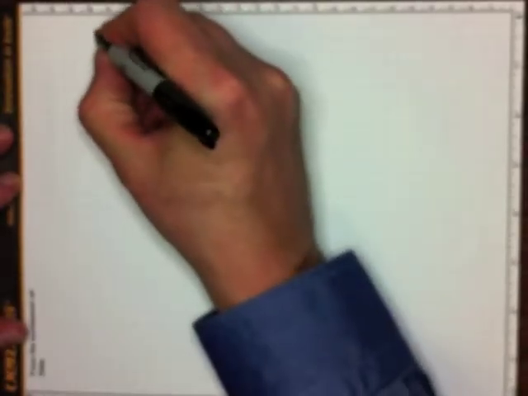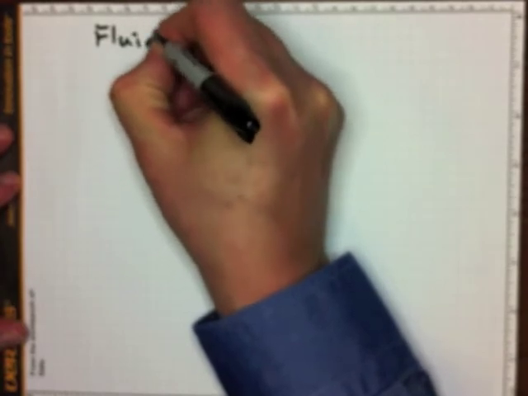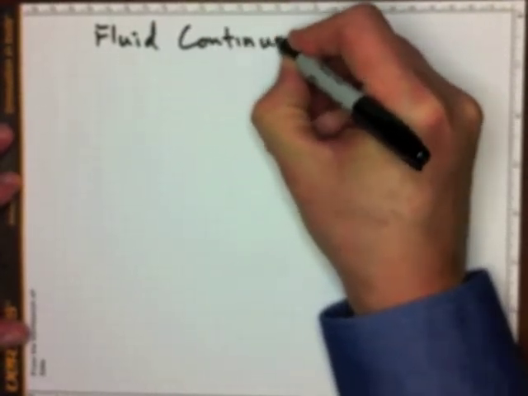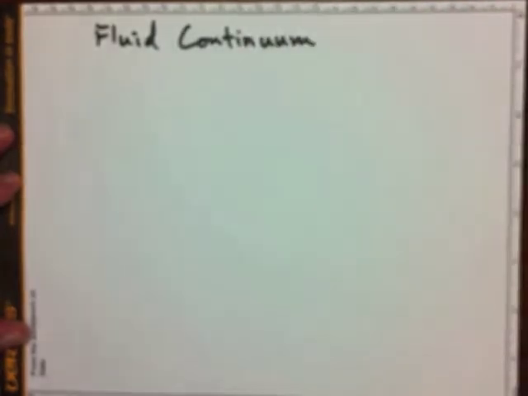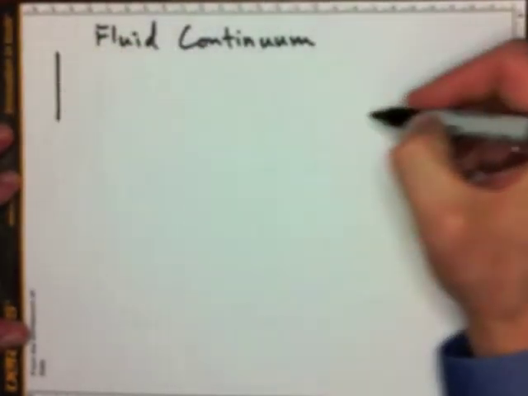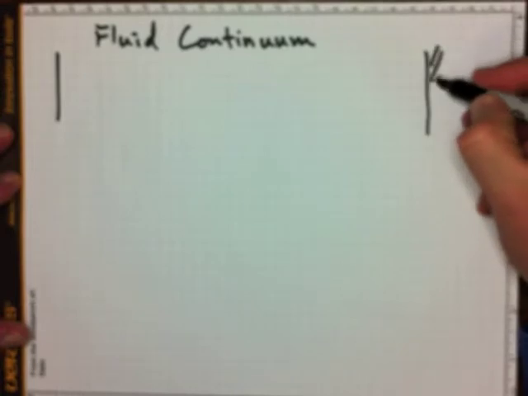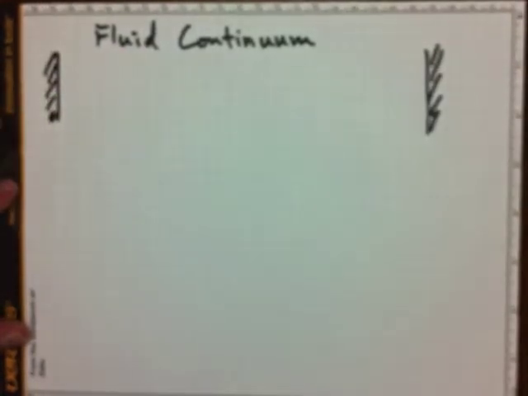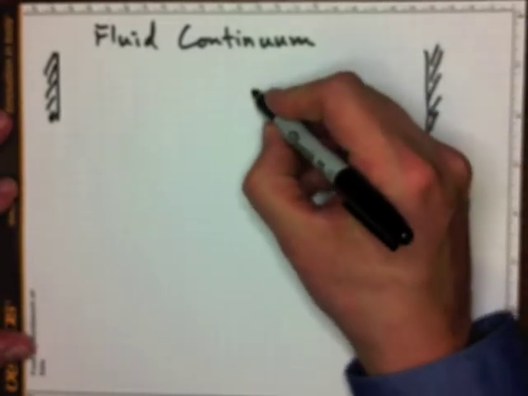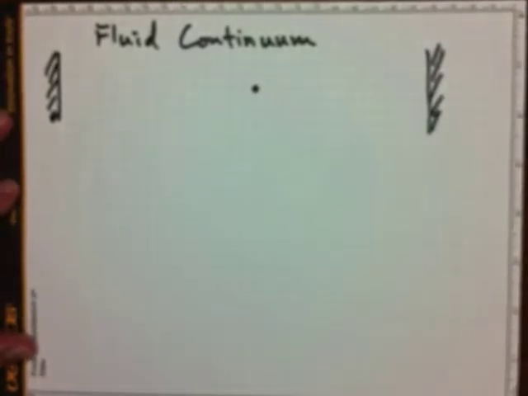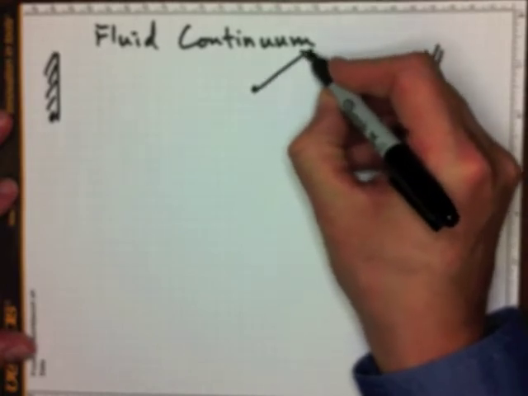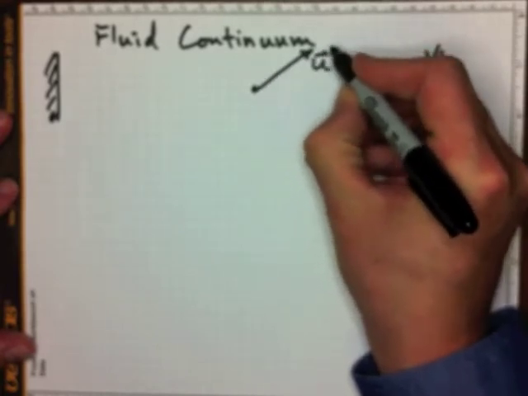Okay, so if our fluid behaves as a continuum, so that we have fluid extending from one boundary to the other boundary, right up to the edges of the walls, then at any point in that continuum, any point in space, two-dimensional or three-dimensional space, that little element of fluid will have a particular velocity.